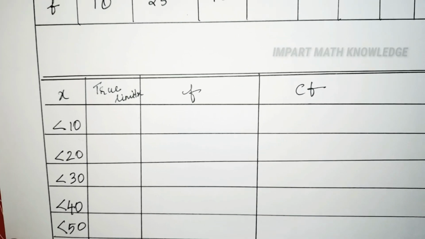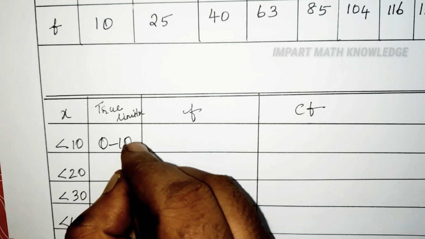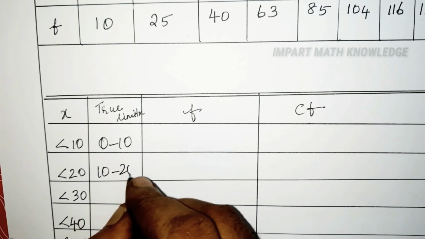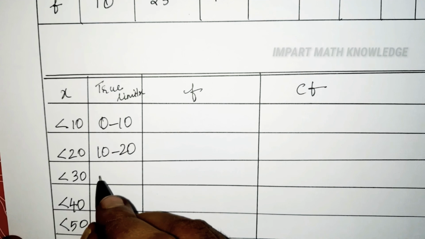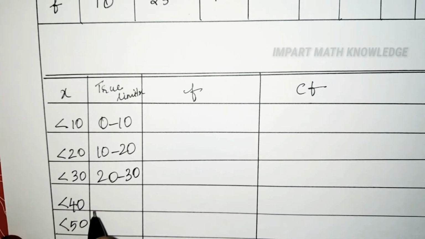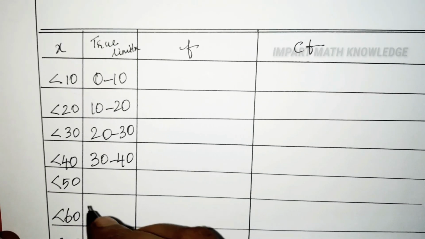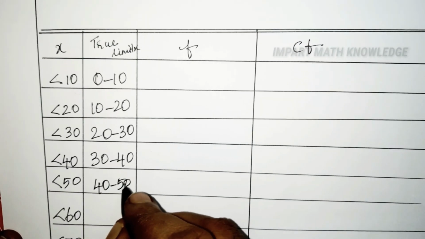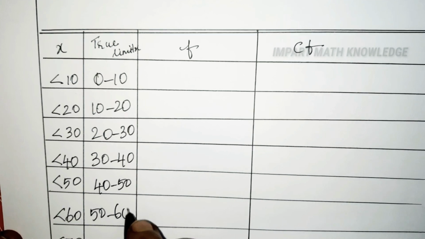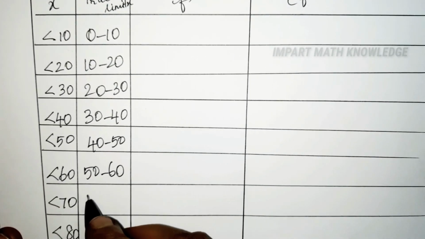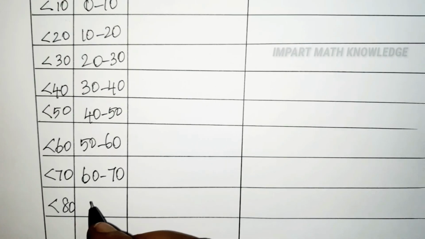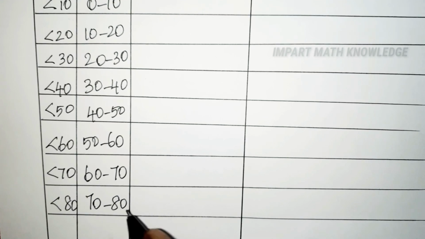So the true class limit is 0 to 10, 10 to 20, 20 to 30, 30 to 40, 40 to 50, 50 to 60, 60 to 70, 70 to 80.